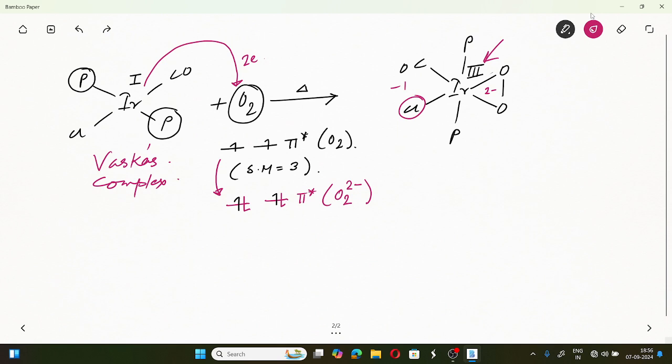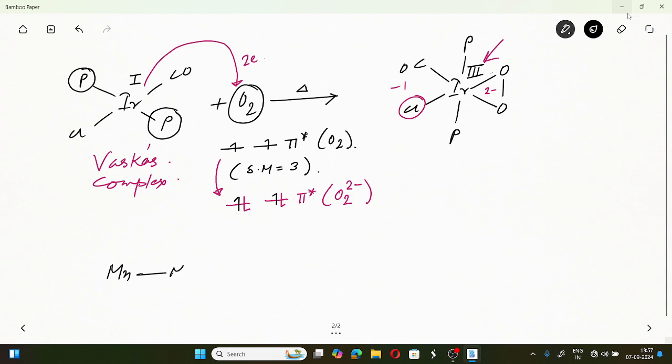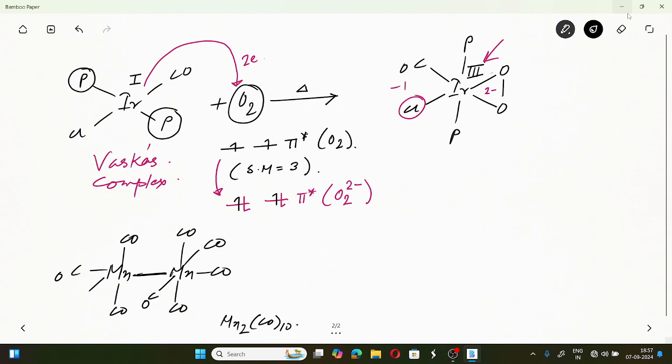Now suppose we consider another reaction, Mn2(CO)10. If you look at this metal-metal bond, as we explained in the previous class, this bond is weak, isn't it?